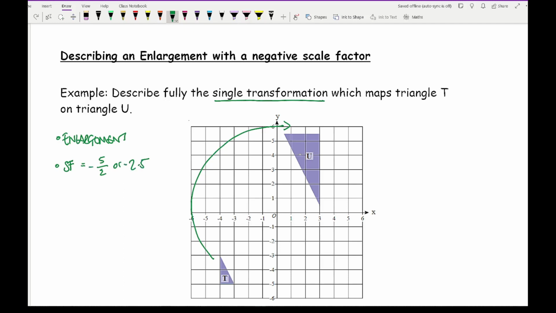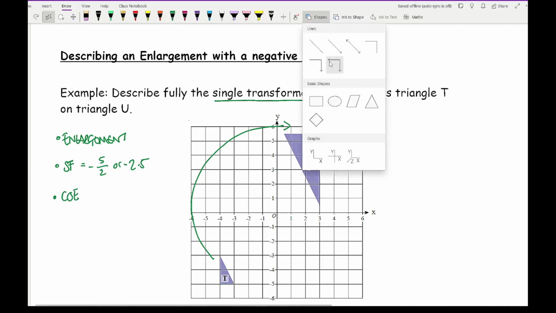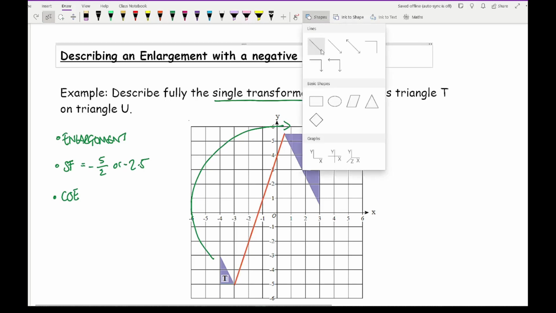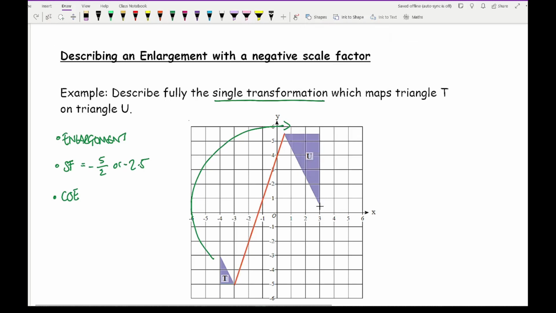Now the next thing for me to do is to find the center of enlargement. How do I do that? Well, quite easily actually. I get a straight edge and I join the corresponding vertices up together. Let's just use a different color so you can see it. And then let's do another projection line. What you should find is that all the projection lines that go to the corresponding points should meet at the same point.